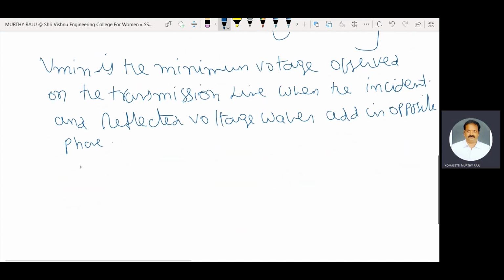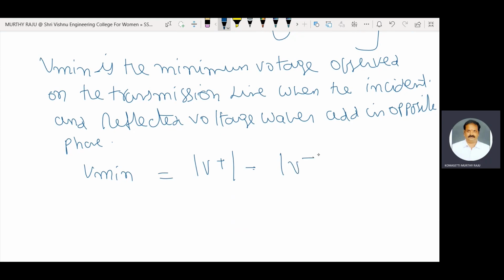Therefore, the minimum voltage along the line is V minimum is equal to mod V plus minus mod V minus. Opposite phase means we use minus sign.